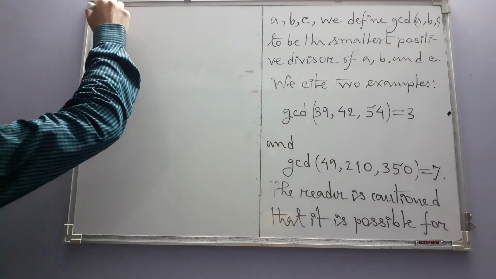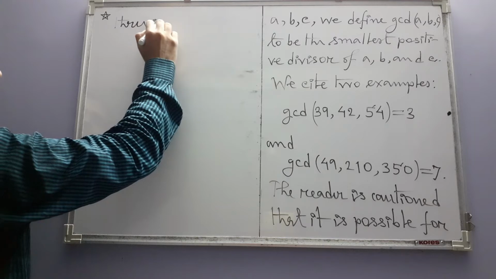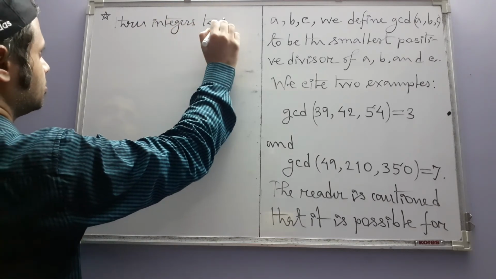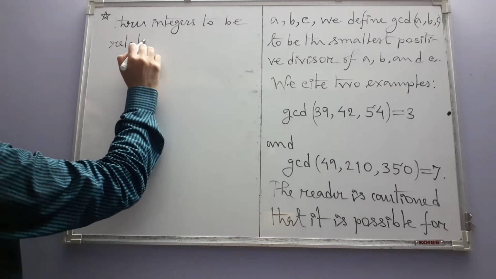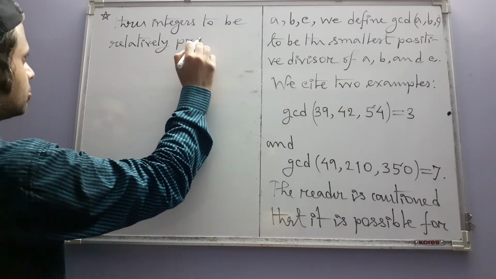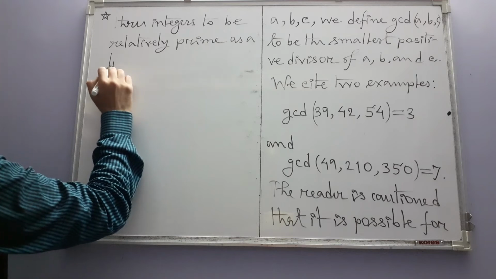So the situation here is somewhat like that. It is possible for three integers to be relatively prime as a triple.